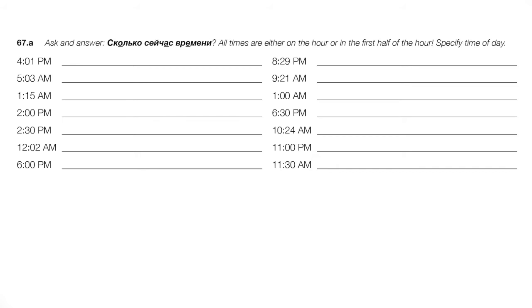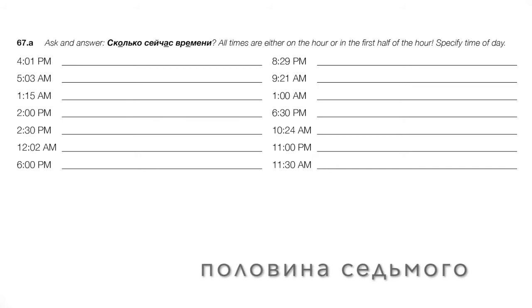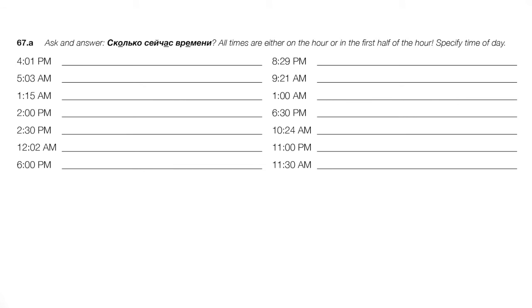6:30 p.m. So половина, right? Halfway. Половина седьмого вечера or полседьмого. The contracted form полседьмого вечера. 10:24 a.m., right? So we have how many minutes? 24 минуты одиннадцатого, right? So 24 minutes of the 11th. We're in the a.m., so we'd say утра. Okay, 11 p.m. 11 часов, right?